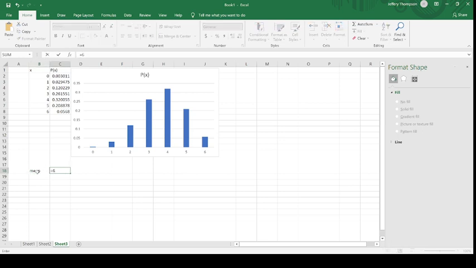We had 6 trials, and a probability of success of 0.62, so the mean is 3.72. The variance is equal to n, which was 6, times 0.62, and since q is 1 minus p, times 1 minus 0.62.